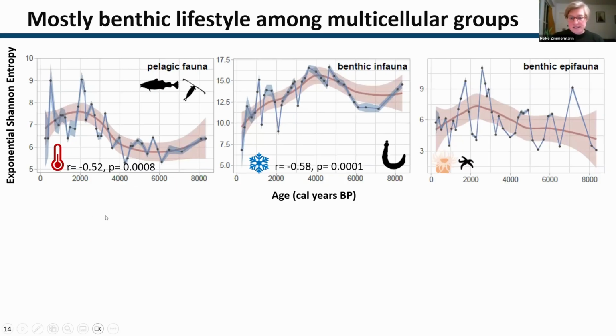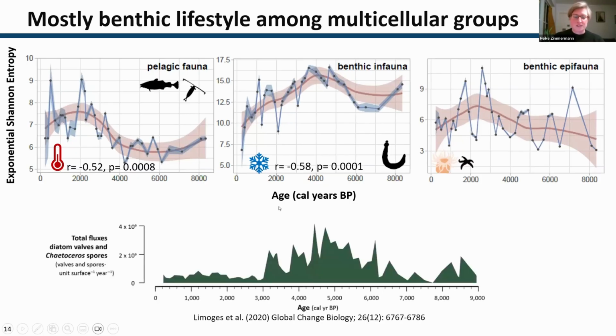What we see here for the benthic infauna is, however, no correlation with temperature, but a negative correlation to sea ice. And interestingly, when we compared the peaks of the higher diversity with the reconstructions for paleoproductivity, we see that the peak corresponds also to this peak in higher productivity as estimated by diatom microfossils.